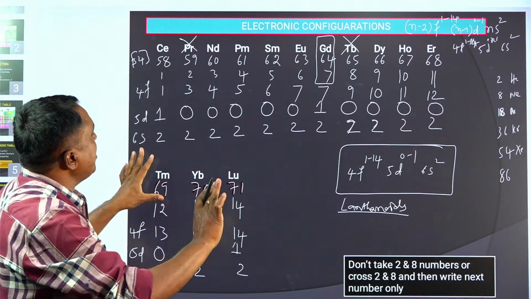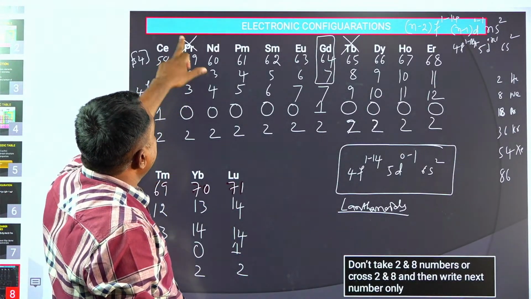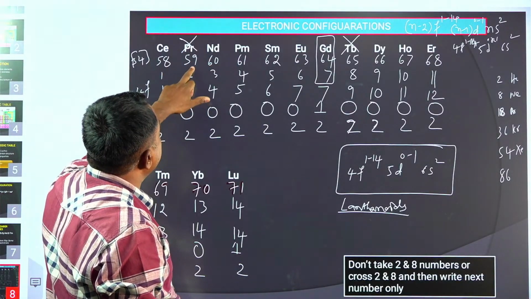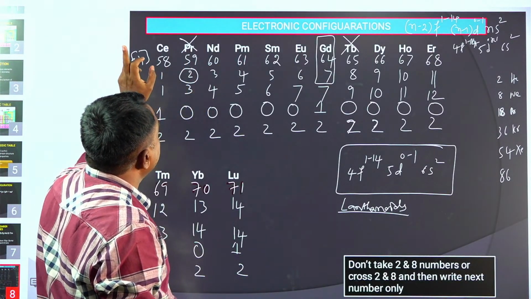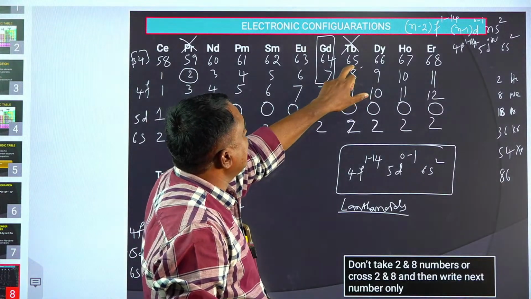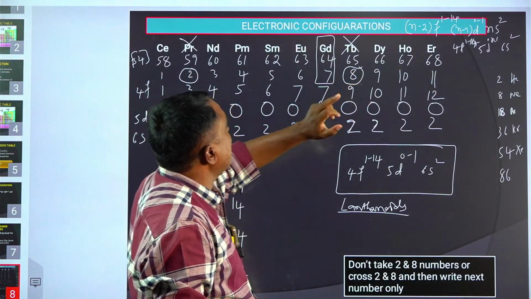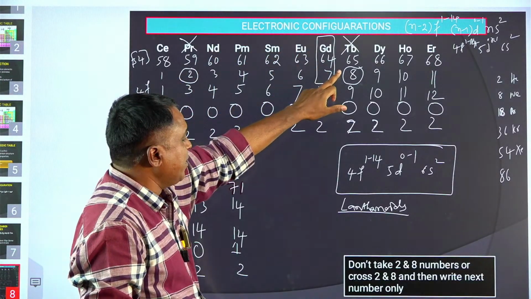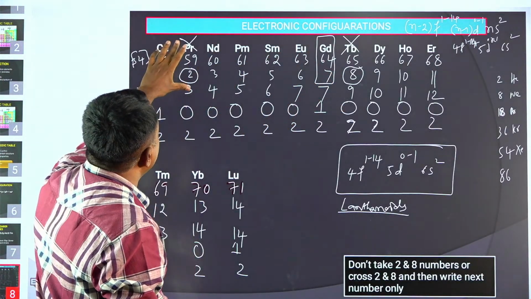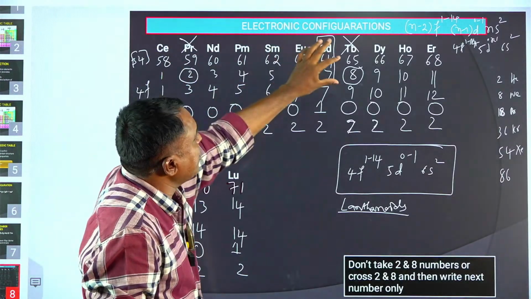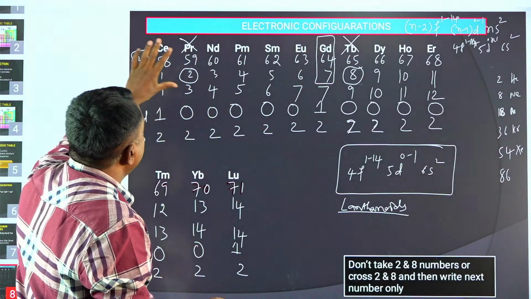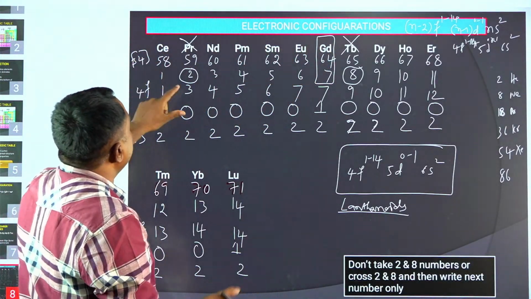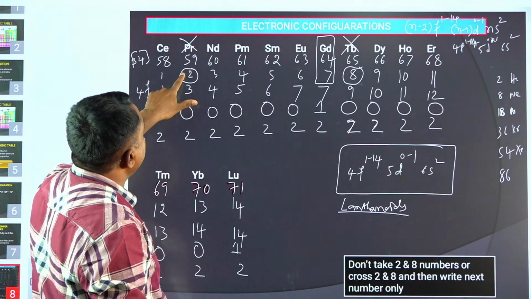So out of these 14 elements, you cross the second element and the 8th element, and then you write the next number after the blank number.